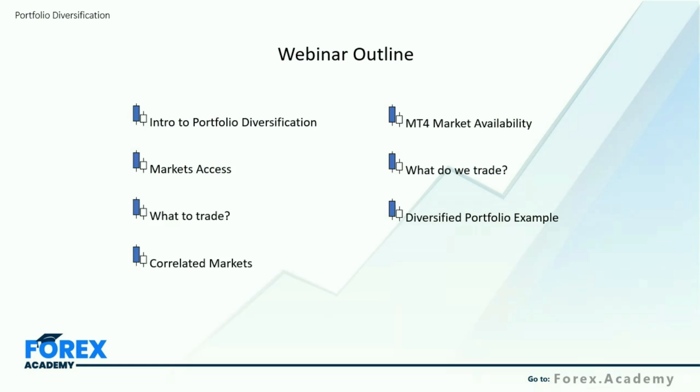But for example, in our Institutional Traders Live or Active Traders Live, we focus on a number of different markets, and we can just touch upon what those markets are and why we trade them. And then we'll just put forward a truly diversified portfolio example so you can hopefully benefit from that. And we'll just finish with some do's and don'ts.